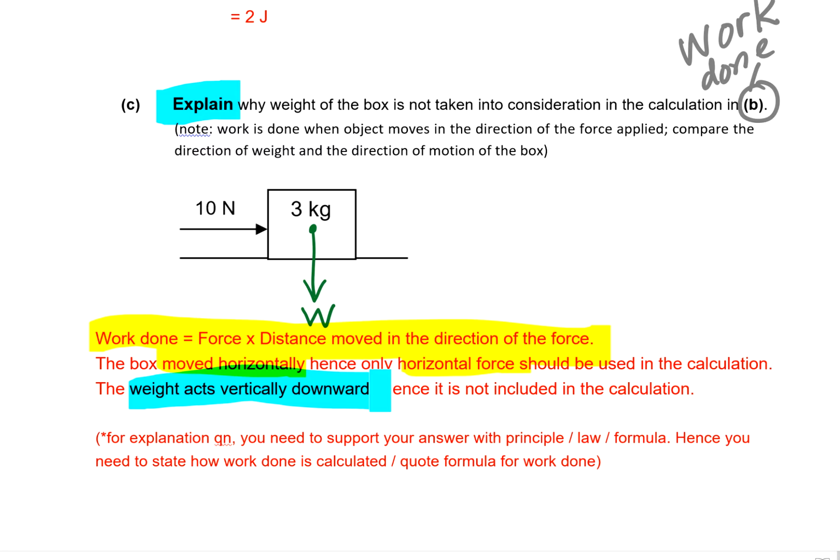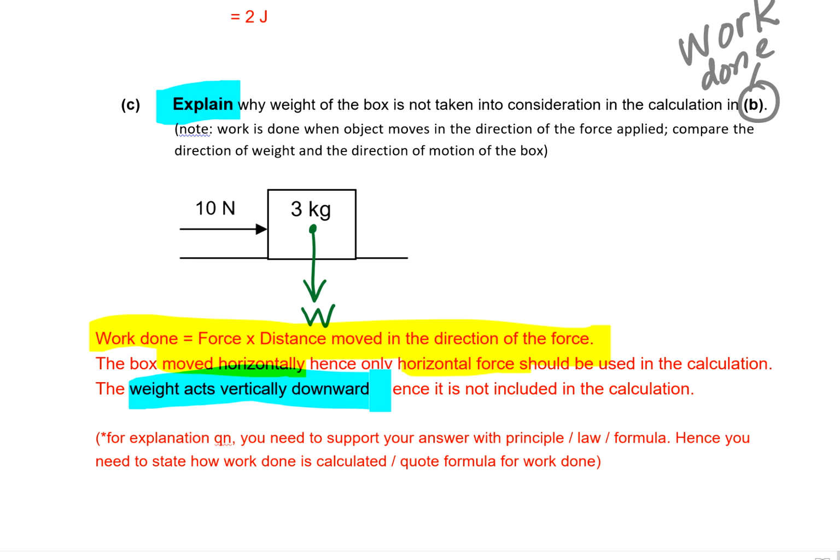So the key learning that I want you to take away is that each time you see the word explain, ask yourself first of all, what topic is this? Can I support it by what I've learned about that topic?